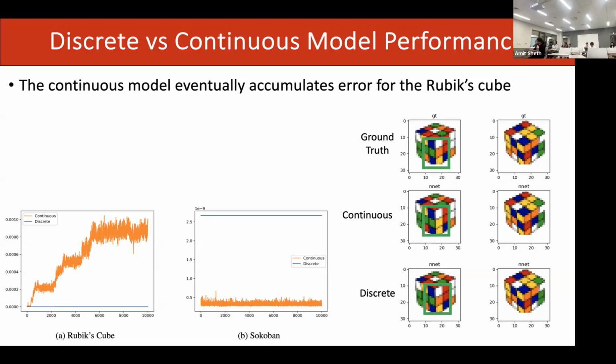One of the reasons it does not accumulate for the discrete one is that we can correct for small errors by just rounding. As long as the error is less than 0.5, we can round and we won't have any errors. Whereas with the continuous one, if you make tiny errors in the pixels as you're predicting them, these accumulate over time. This has been a big issue for deep reinforcement learning when you're doing model-based RL.